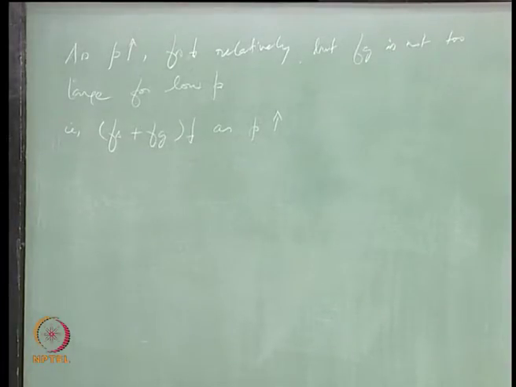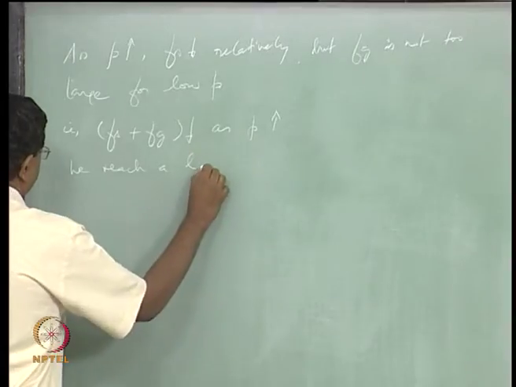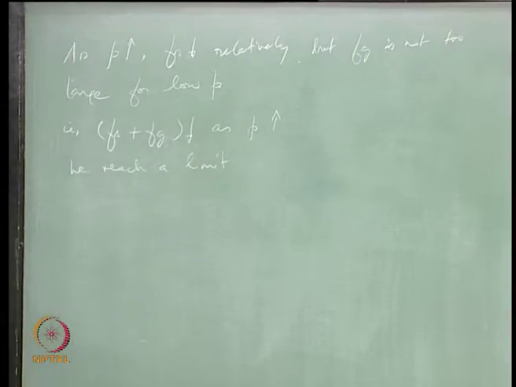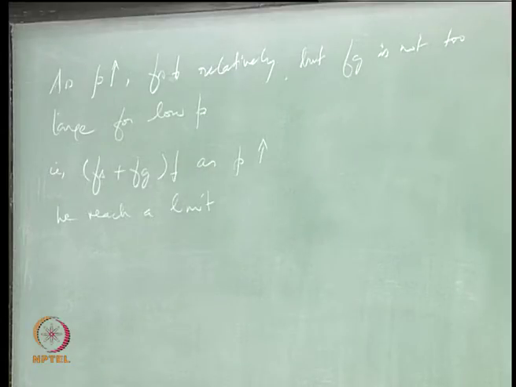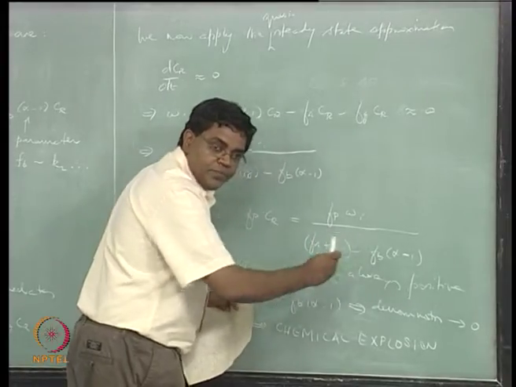So you now reach a limit, that means we are looking for, as you change the pressure, how is this going to change relative to this, such that at some limit you might equate, right.